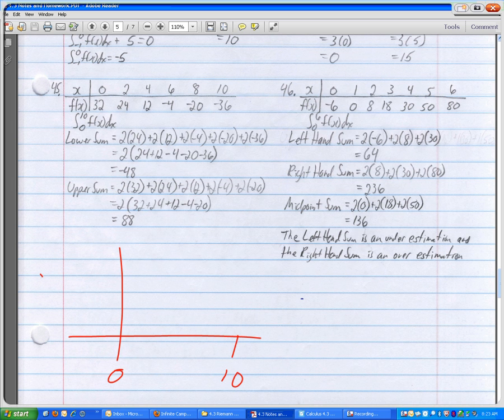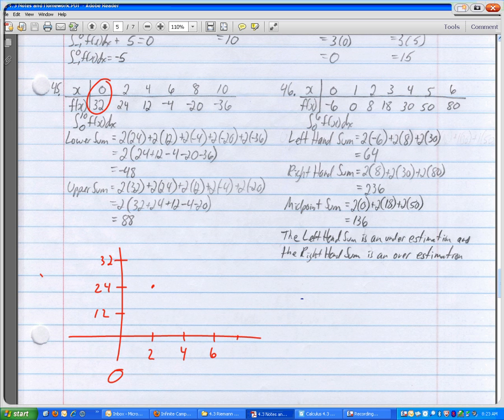So, for instance, we've got the point 0, 32. We've got the point 2, 24. Then we've got 4, 12. Looks like maybe I can squeeze it in. Yeah, I'll move it over a little bit. Then we've got 6, -4.